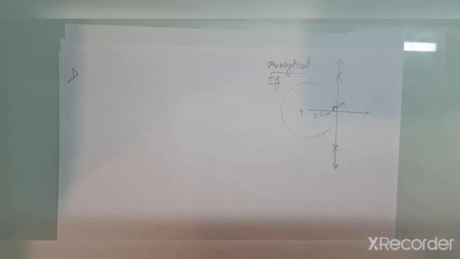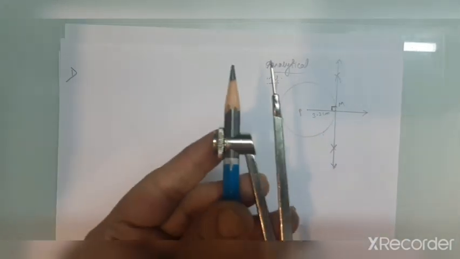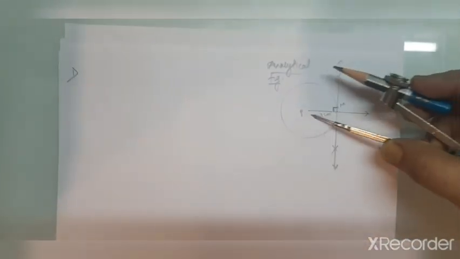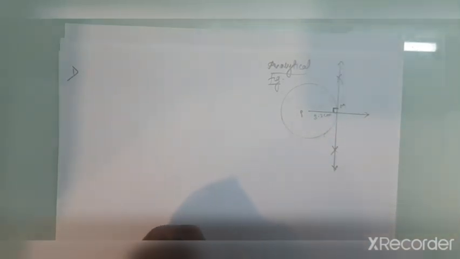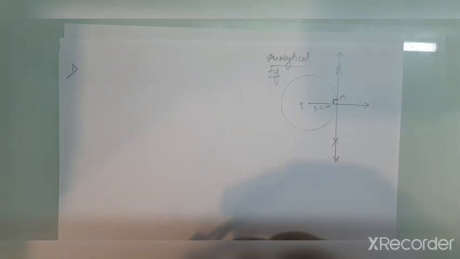Now I've taken this compass, and you need a scale so that we can adjust the compass to 3.2 centimeter in order to draw the circle. I've taken 3.2, and I'm going to draw a circle here.